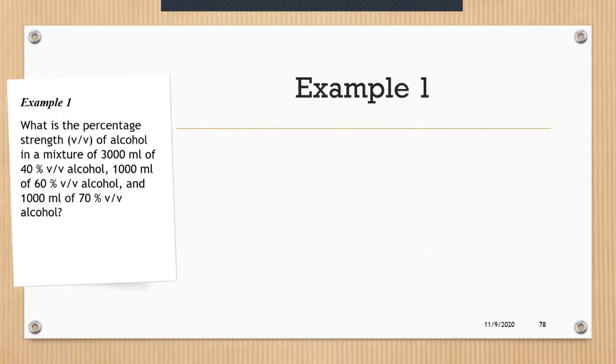The example says, what is the percentage strength, volume in volume, of alcohol in a mixture of 3,000 mils of 40% volume in volume alcohol, 1,000 mils of 60% volume in volume alcohol, and 1,000 mils of 70% volume in volume alcohol? Let me paint the scenario for you.